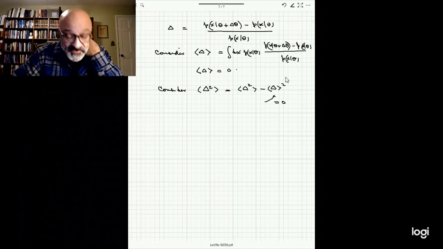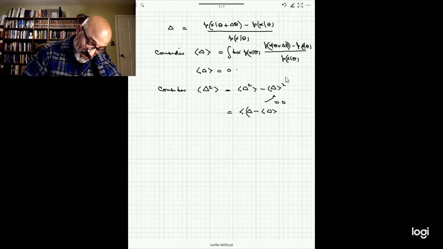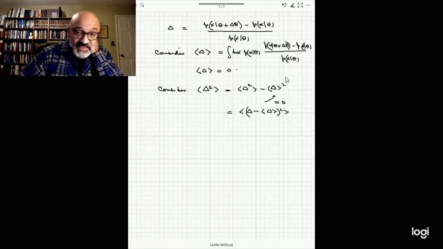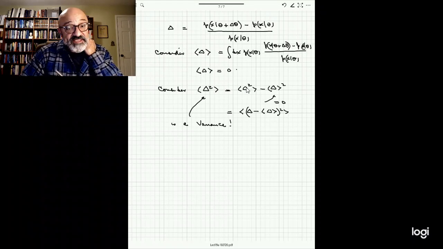This is a variance, right? This is this object here minus the expected value of the delta, squared, like that. This quantity here is a variance. What that means is that it is positive.